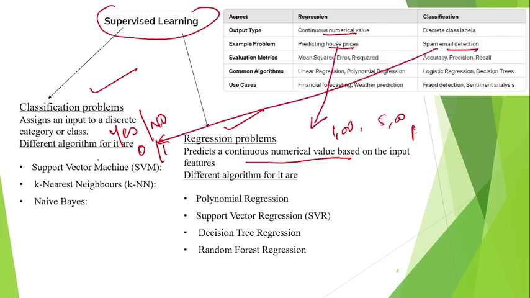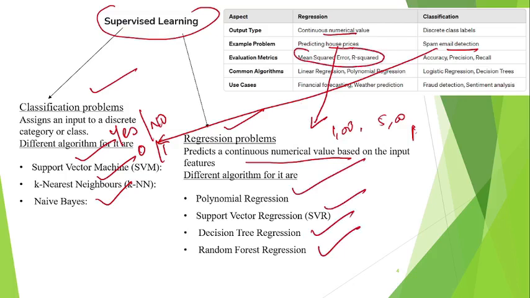And the different algorithms: support vector machine, k-nearest neighbors, Naive Bayes, whereas here polynomial regression, SVR. We are going to see all this as we move forward. Evaluation metrics: mean square error, R square, accuracy, precision and recall. These are part of the confusion matrix, which we are going to see in our coming videos.